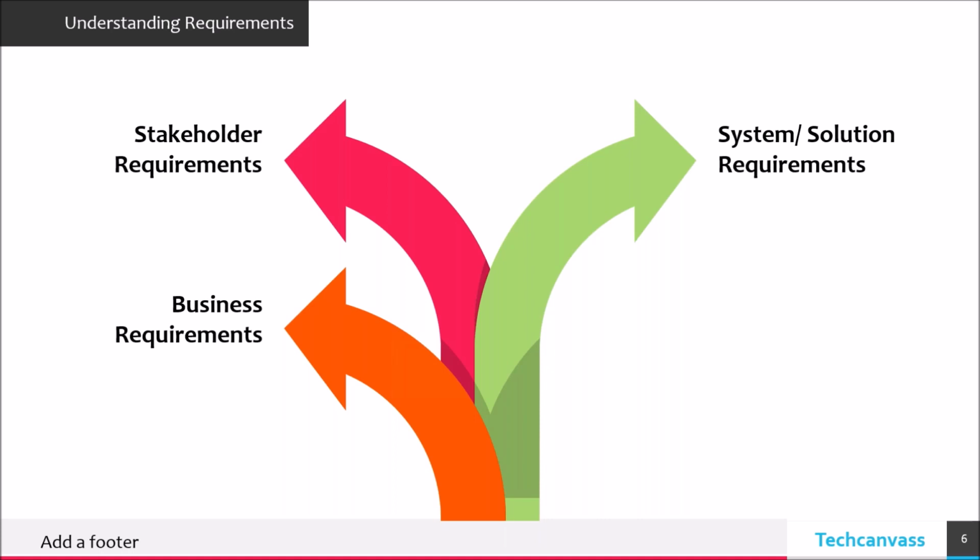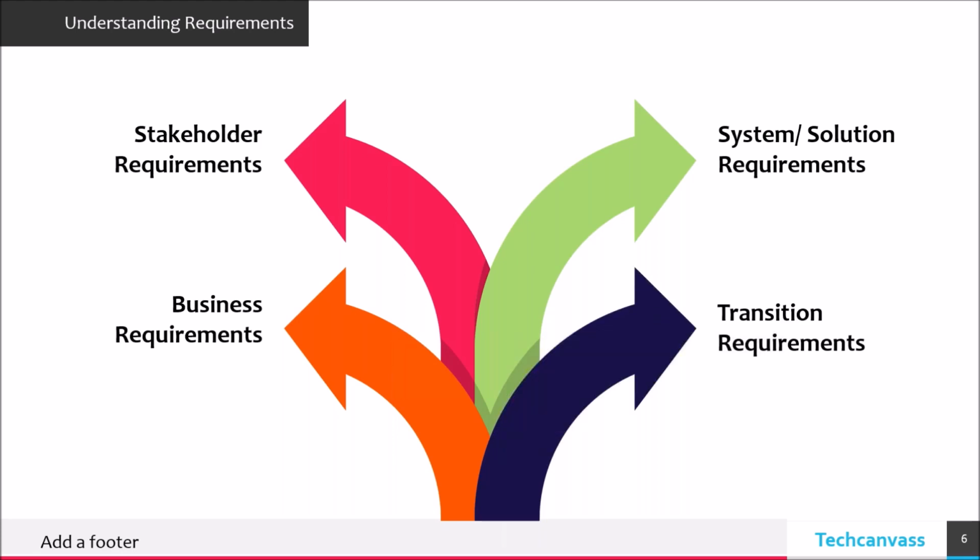So what you do as a business analyst is convert the stakeholder requirements into a set of requirements known as system requirements. In IIBA terms, it is known as solution requirements. But essentially, these are the functional and non-functional requirements of a software.